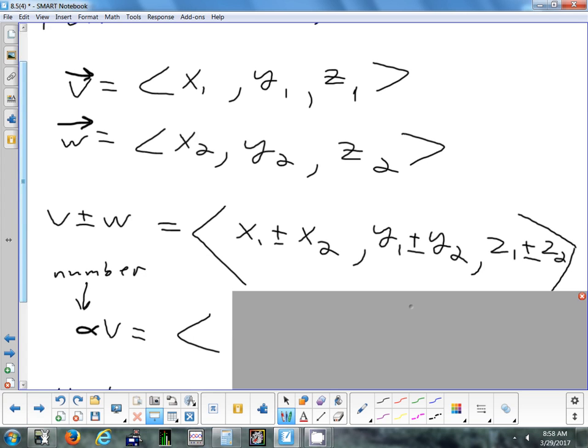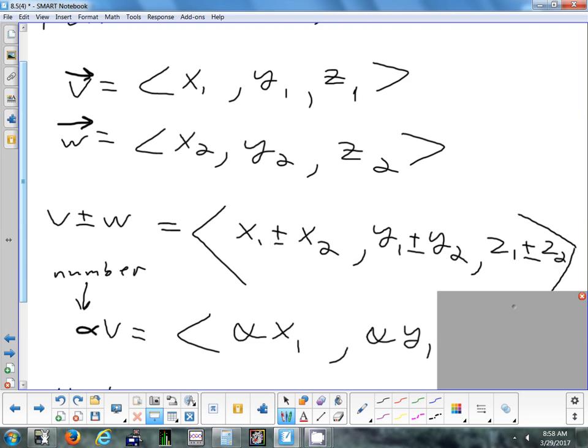Multiplied each component. Yeah, take each component of the vector and multiply it by the number. Okay, so in 2D, we did it to the x's, the y's, and now we have to do it to the z's. So it's like just distributing that number to each component.